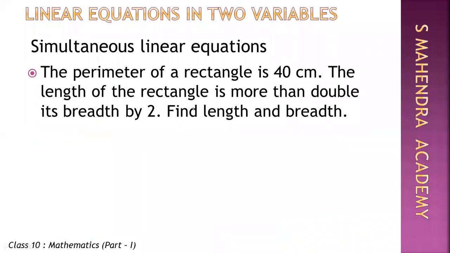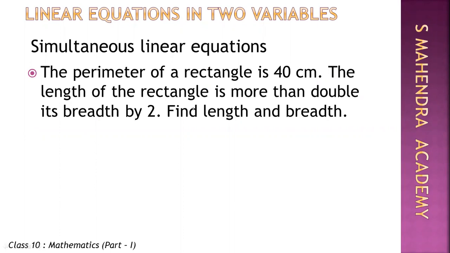So this is the word problem for simultaneous linear equations. Here the perimeter of a rectangle is given as 40 centimeter. The length of the rectangle is more than double its breadth by 2. Find the length and breadth.